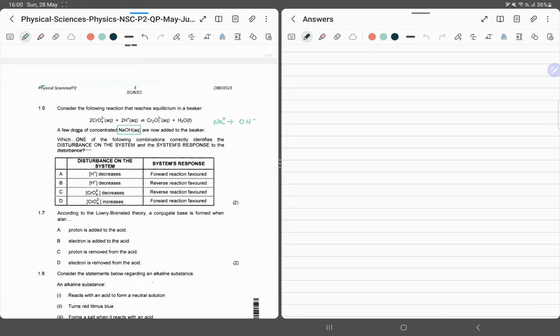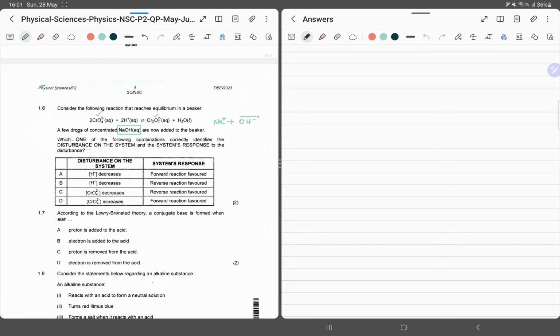So what's going to happen? Sodium can be picked up by the dichromate ion and the chromate ion, so essentially they both can compete for the sodium, not a problem.